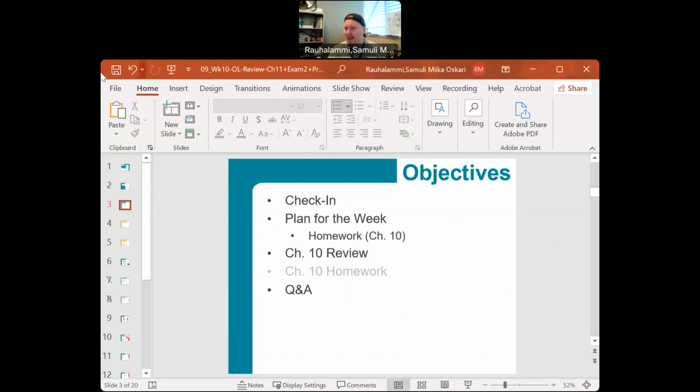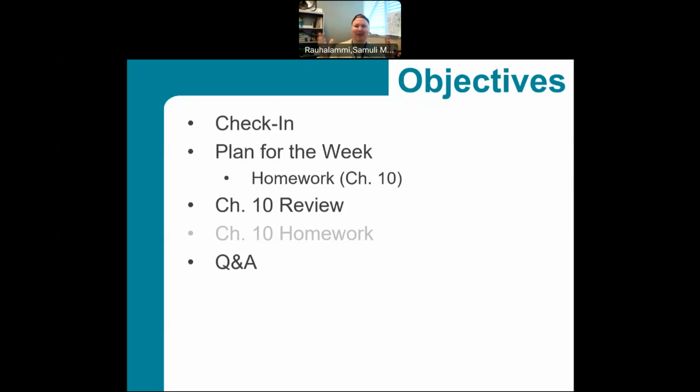I wouldn't say that it's illogical, but the textbook jumps around a little bit. So we're talking about the actual muscles.